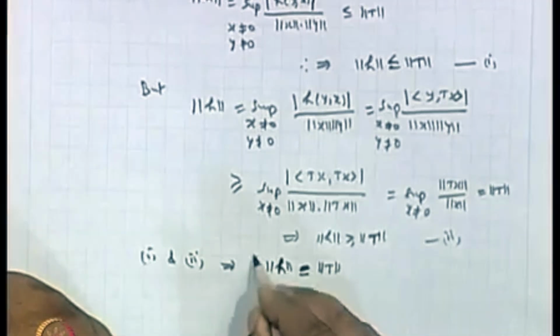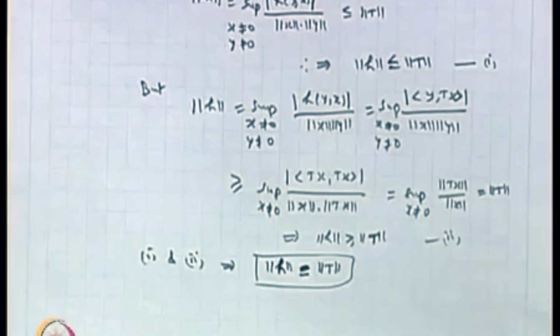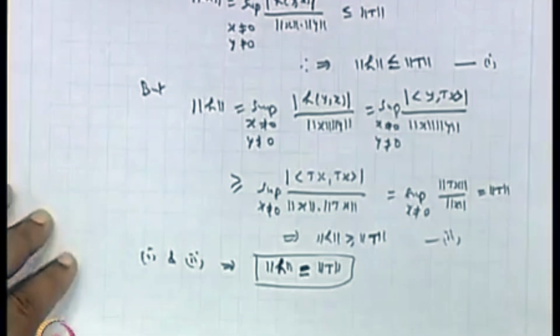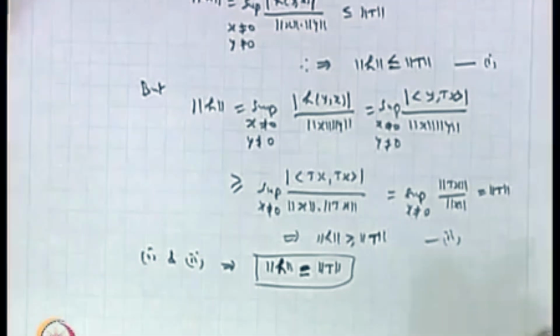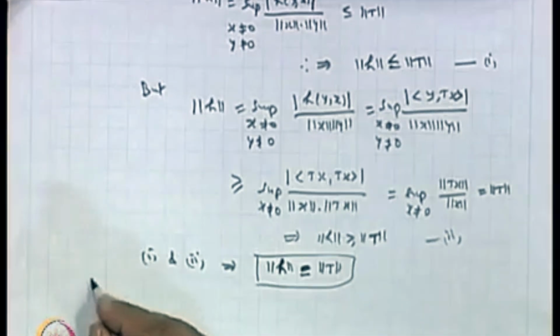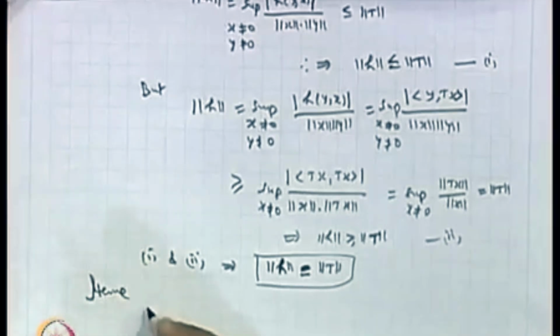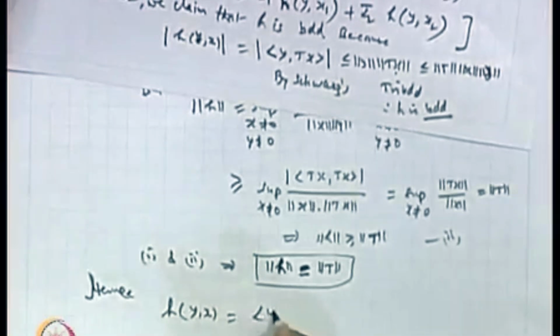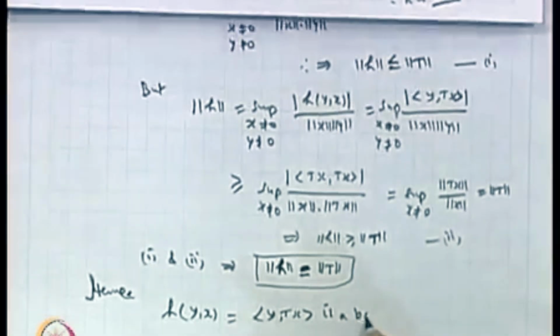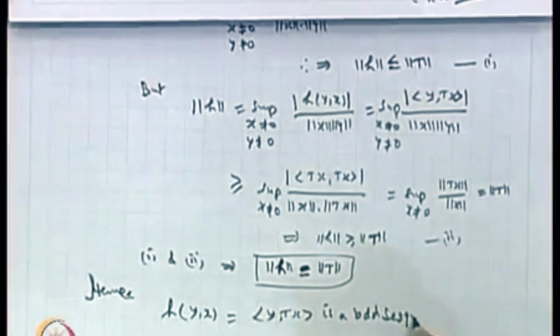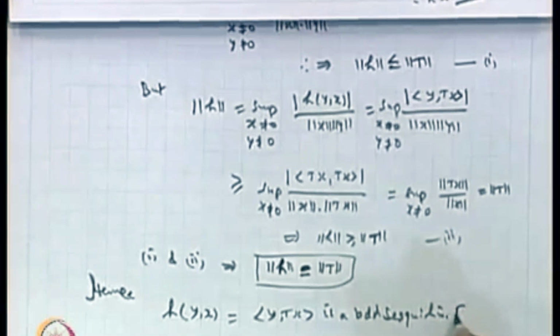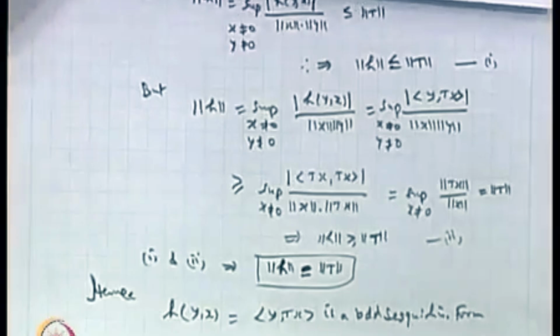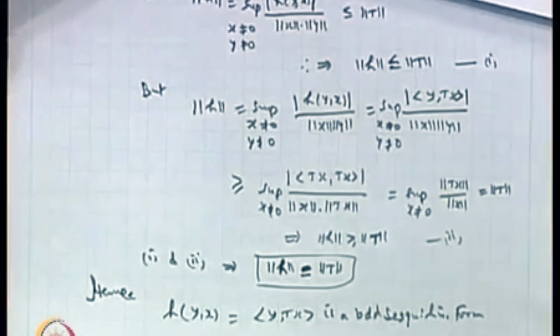Okay, so what we conclude is that we have introduced a functional h, which is defined as the inner product of y, Tx, and it is a bounded sesquilinear form. Not only sesquilinear, it is a bounded sesquilinear form.